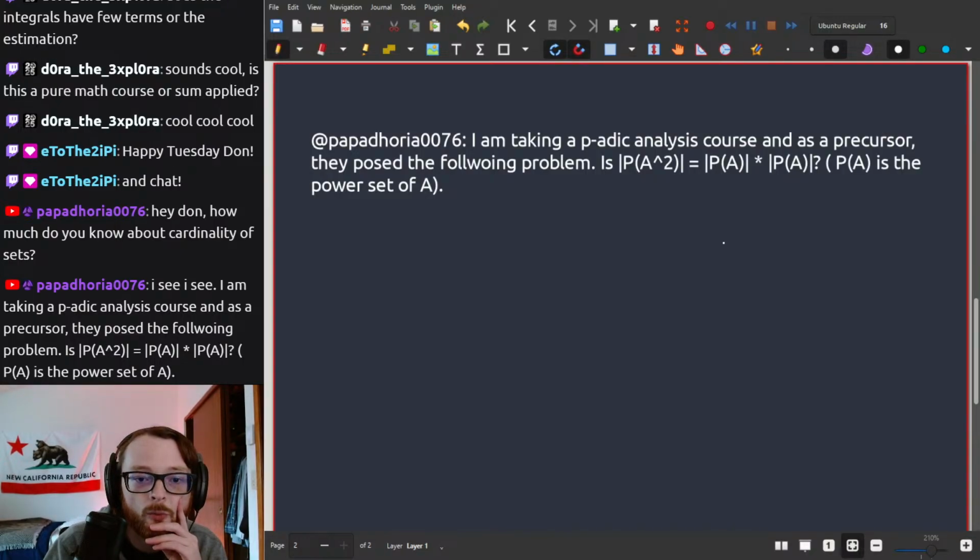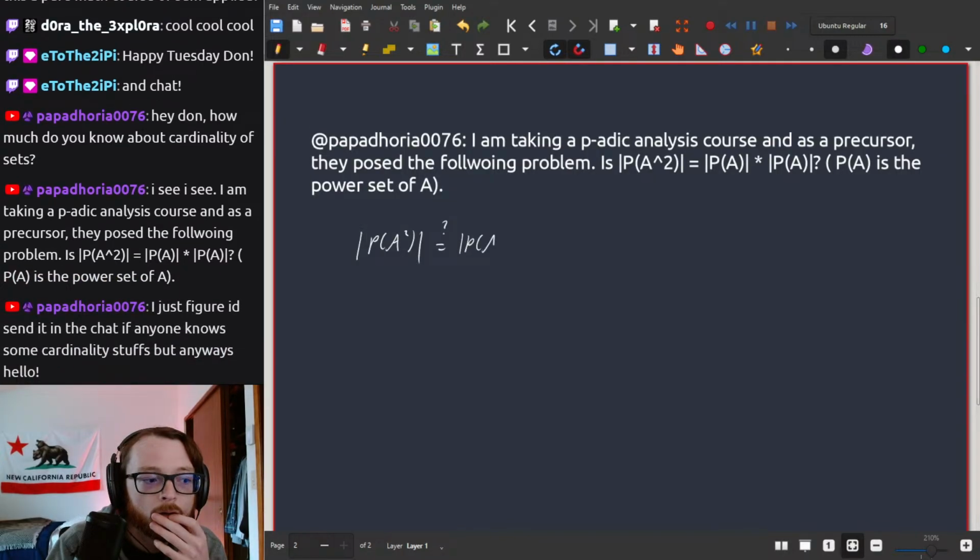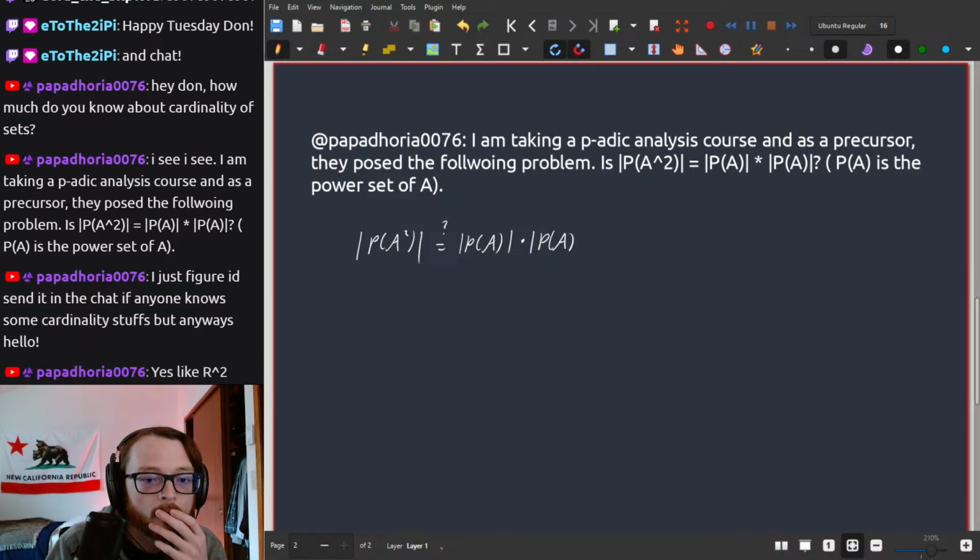What does it mean to square a set? Is that like a Cartesian product? Like R2? Okay.